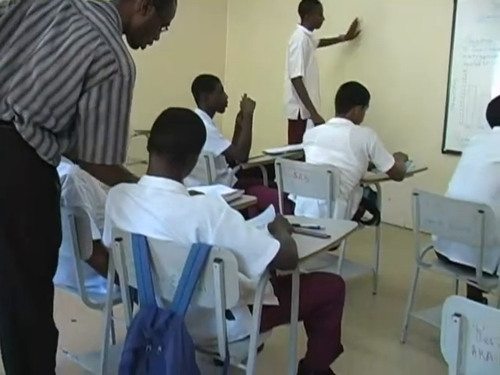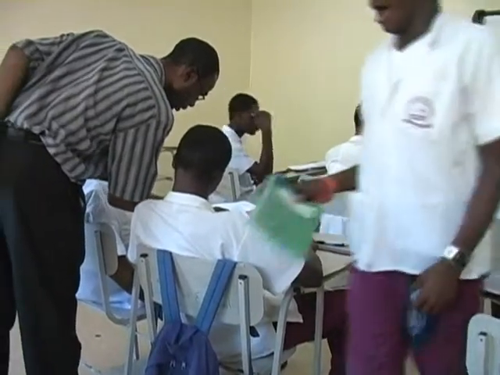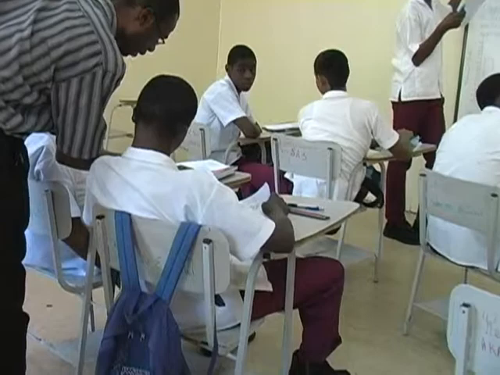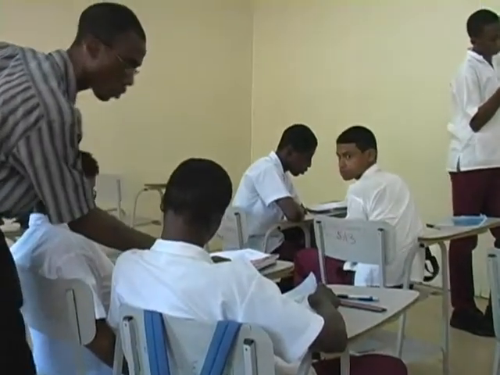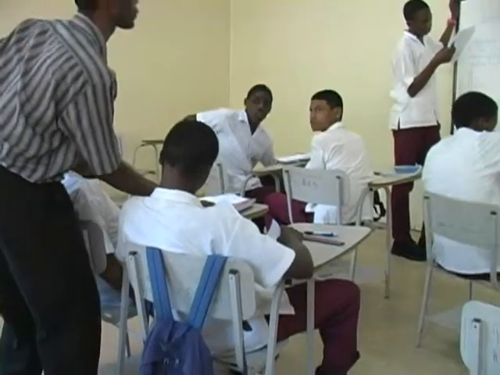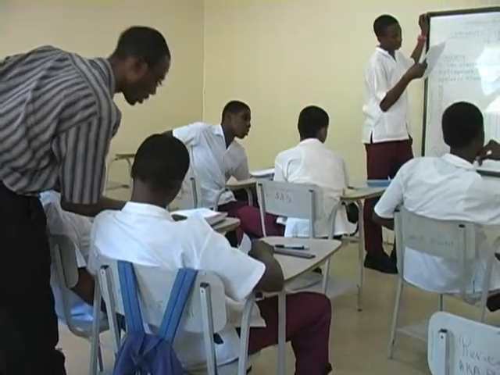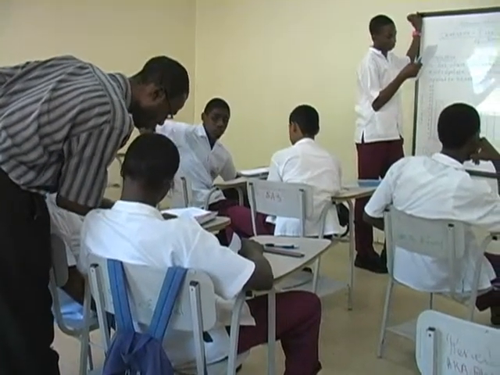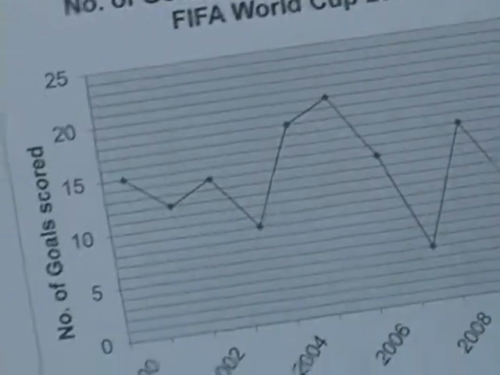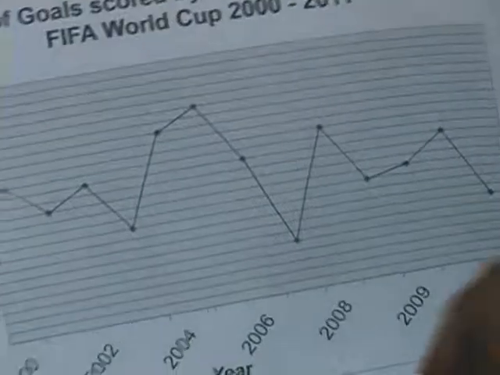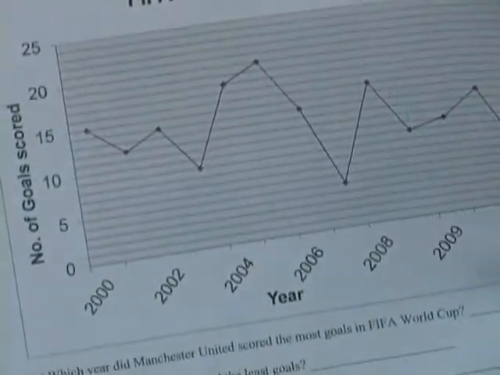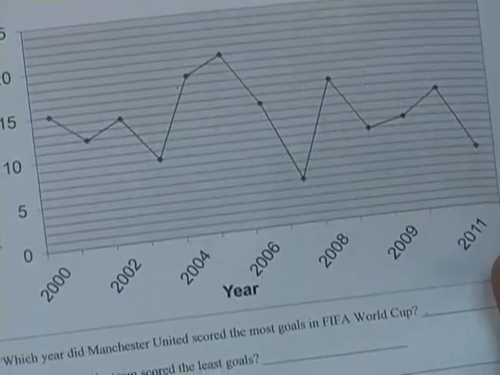Alright. Let's just go right back up to C. The question is asked, which years did he score the same number of goals? Same number of goals. And we have what? 2008 and 2009. Now if you check on 2008 and 9, 2008 is 16, right? 2009 has less. So 2009 has less goals.